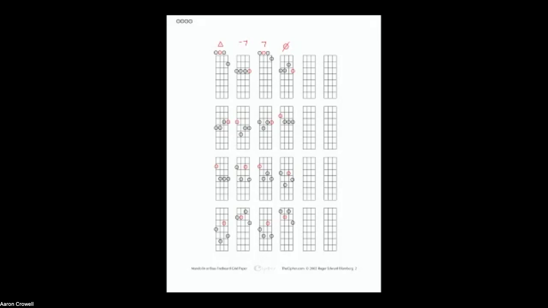Starts with root on 3rd, root on 1st, root on 4th, root on 2nd. However, the minor 7 flat 5, or the half diminished chord, starts with the root on 1, because we can't go further down on the open position. So root on 1, root on 4, root on 2, root on 3 on both of those setups.